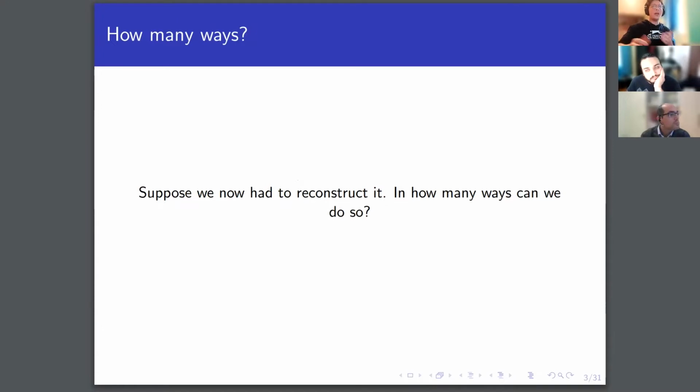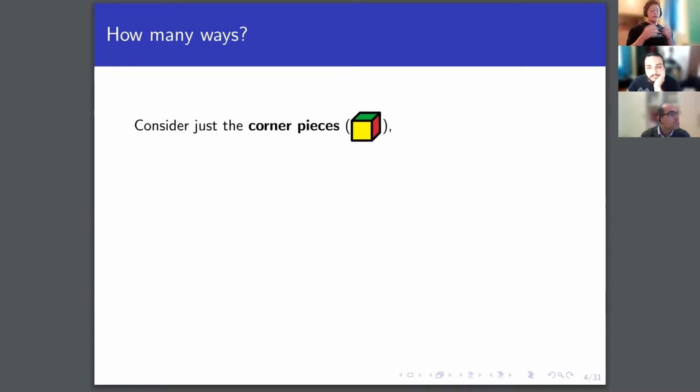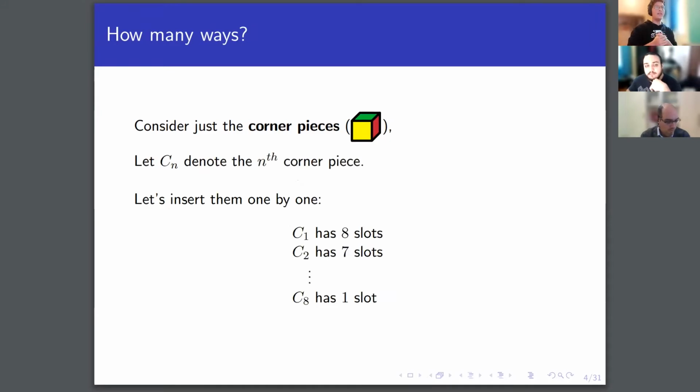Well, how can we do so? So if we had to construct the Rubik's cube just using the corner pieces for now, we'd have 8 of them. We'd have 8 slots, and inserting them one by one, we'd be reducing the number of slots by 1, and we'd get a total of 8 factorial ways in which we can arrange these pieces.